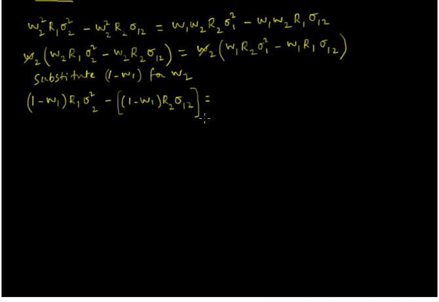This is going to be equal to W1 times R2 times variance of 1 minus W1 times R1 times covariance between 1 and 2.